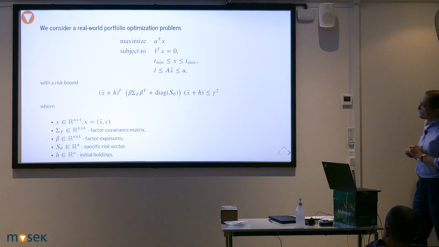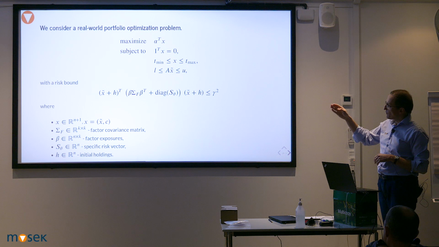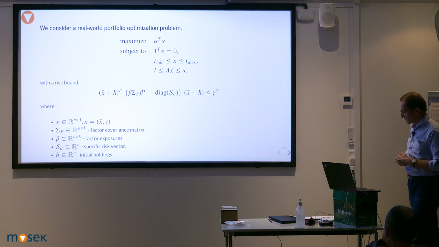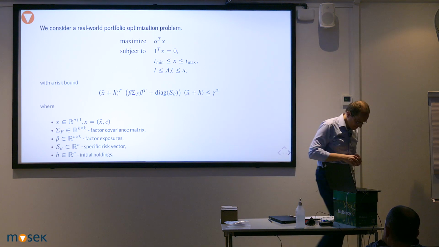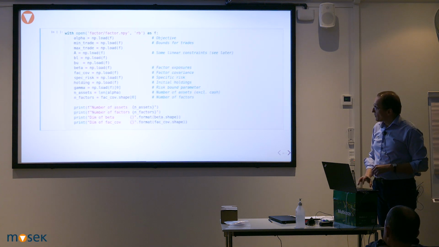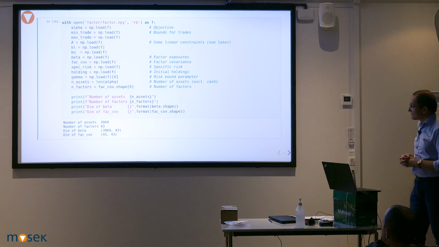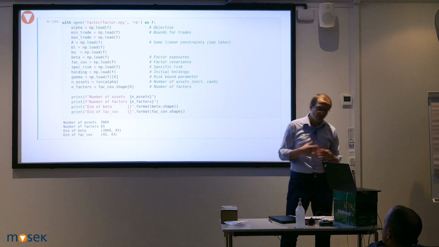And then there is this risk bound, which has the factor form, and it bounds the risk of the target portfolio you would get from the original holdings and your new inputs. Right. So I've got this data all set up somewhere here, and it actually consists of almost 4,000 assets, but only 40 factors.